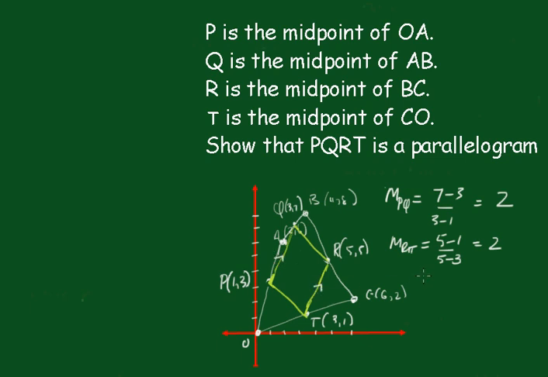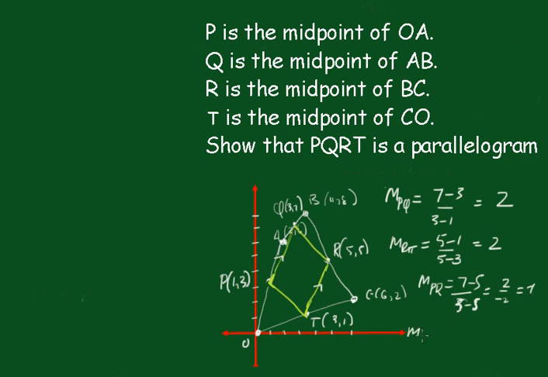Now the gradient of PR is (7 - 5)/(3 - 5), which is 2 over -2, which is -1.